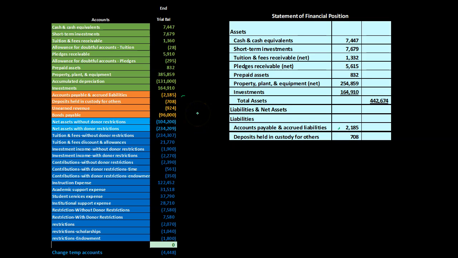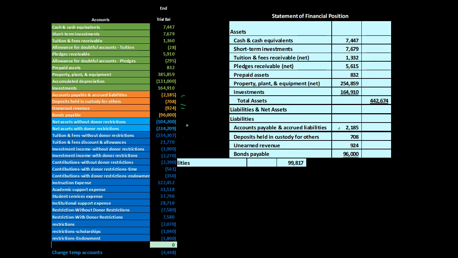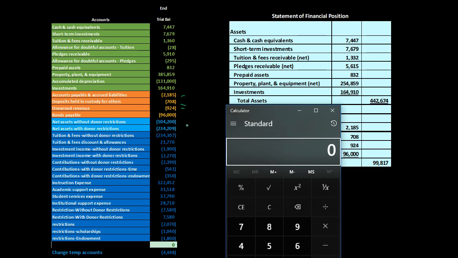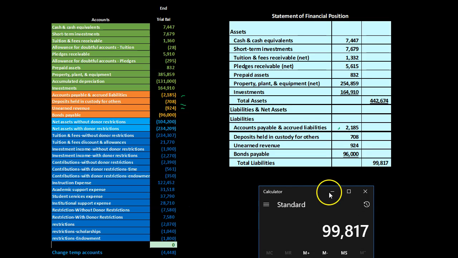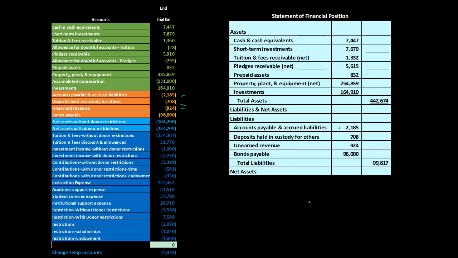We have the deposits held in custody of others, the 708. Next, we have the unearned revenues, the 924, and then bonds payable. Obviously, summing those up would be the 2185. Let's do that one more time. It'd be the 2185 plus the 708 plus the 924 plus the 96000, giving a 99,817.